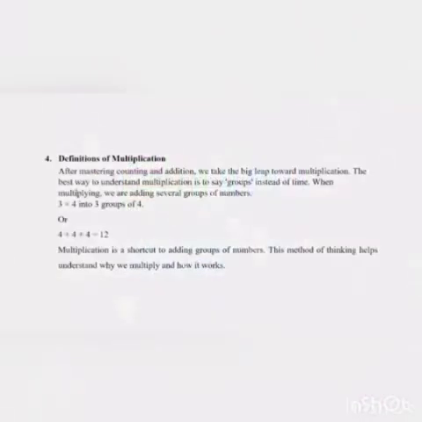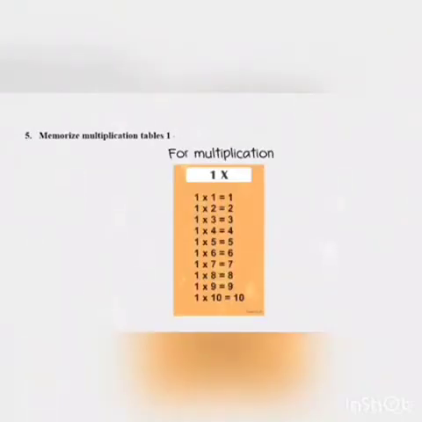Definition of multiplication. After counting and addition, we take the big leap toward multiplication. The best way to understand multiplication is to say "groups of" instead of "times". When multiplying, we are adding several groups of a number. Memorize multiplication table 1.